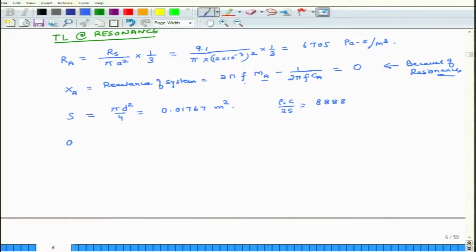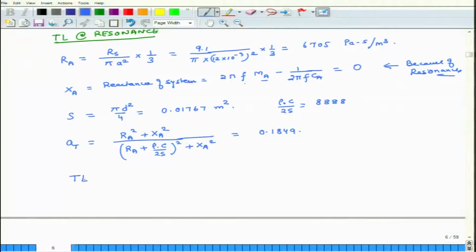So, my transmission coefficient AT equals Ra square plus Xa square divided by Ra plus rho naught c by 2S, whole square, plus Xa square, and if I plug in all these values I get 0.1849.